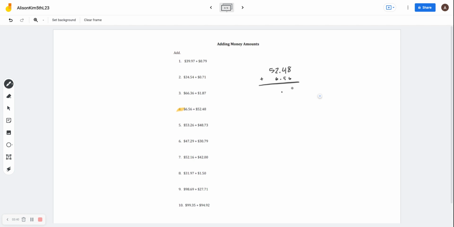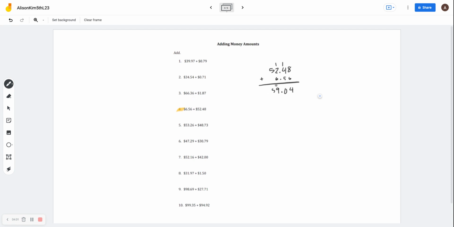So 8 plus 6 is 14. So we're going to put 4 here, bring up the 1. 4 plus 5 is 9. 9 plus 1 is 10. Bring down the 0, bring up the 1. 6 plus 2 is 8. 8 plus 1 is 9. And then 5 plus 0 is just 5.